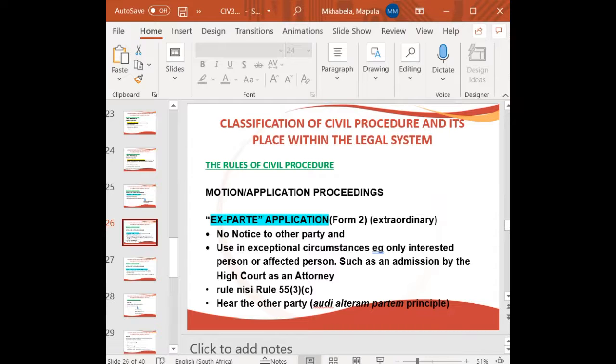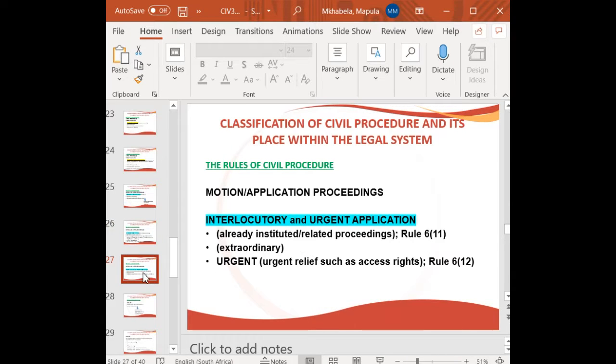And also, it is important to note that the ex parte application order may be granted without waiting for the other affected party to respond, if any. The court will grant a temporary order with the rule nisi that determines the return date to hear the other affected party before a final order may be granted.